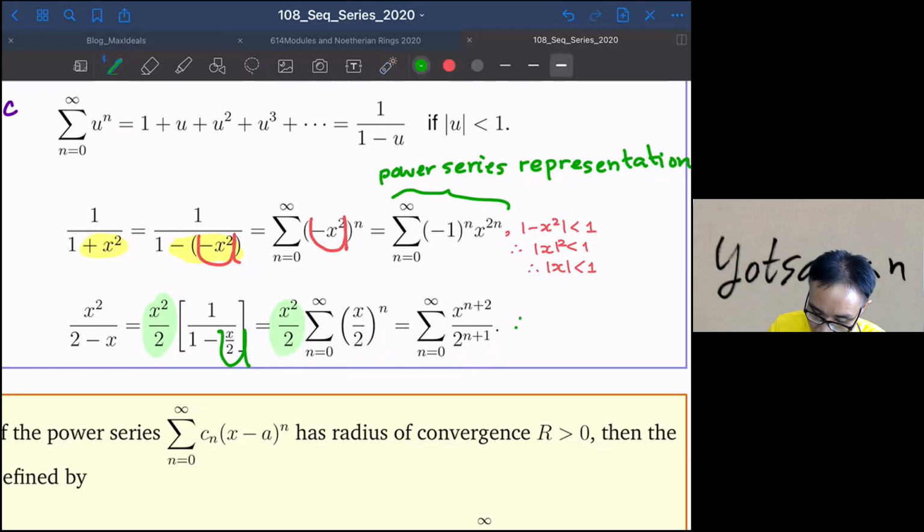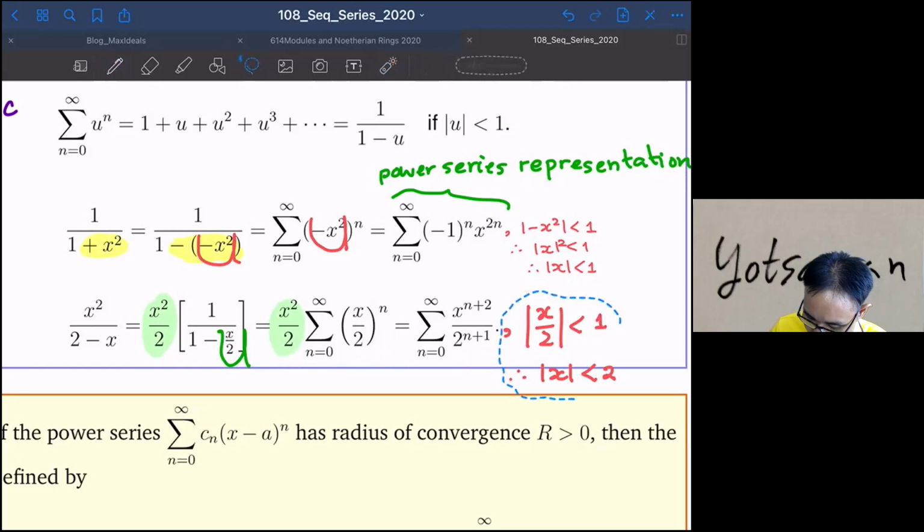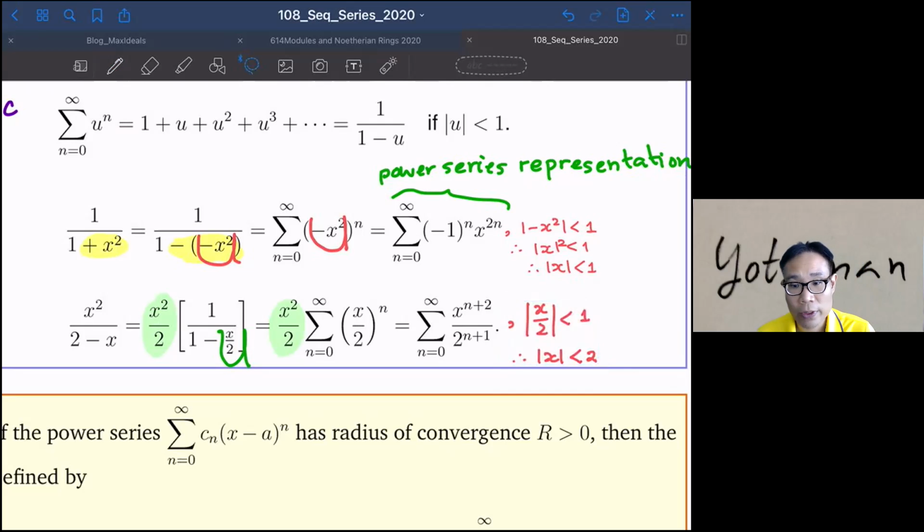And this is going to converge only when you have absolute value of x over 2 smaller than 1. So you would get absolute value of x smaller than 2. Okay, so this is what you have so far.